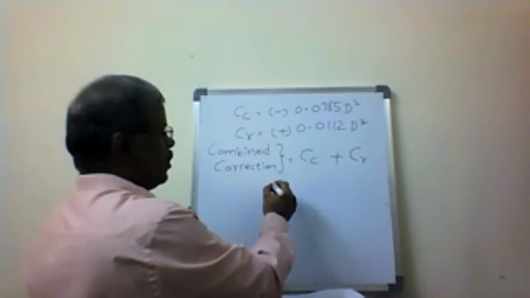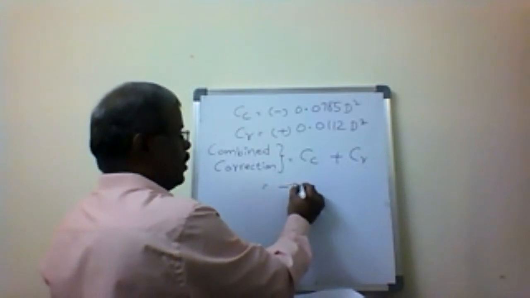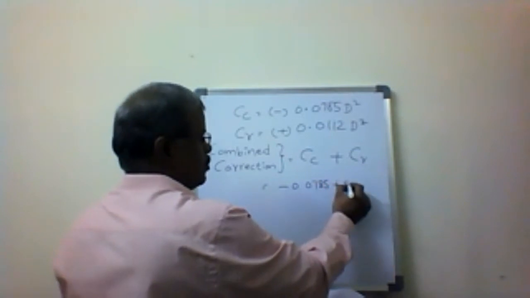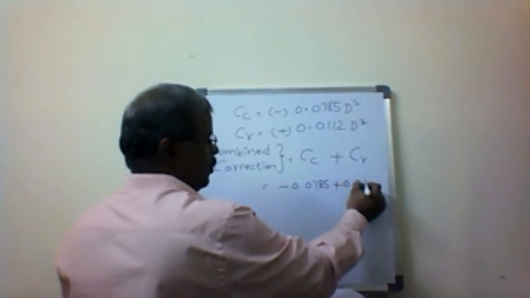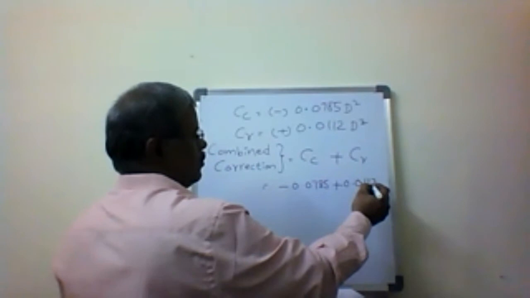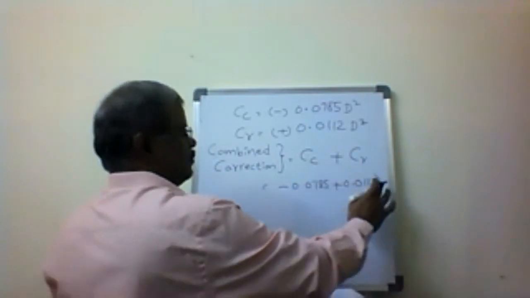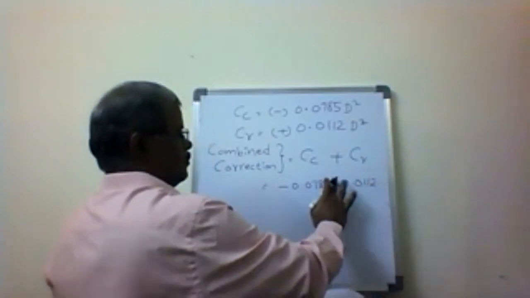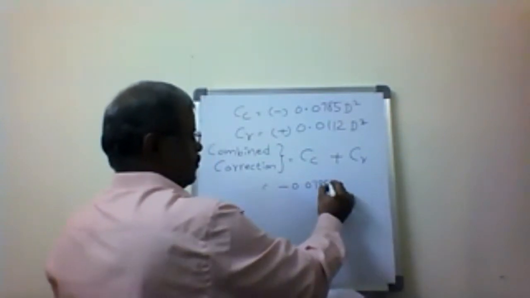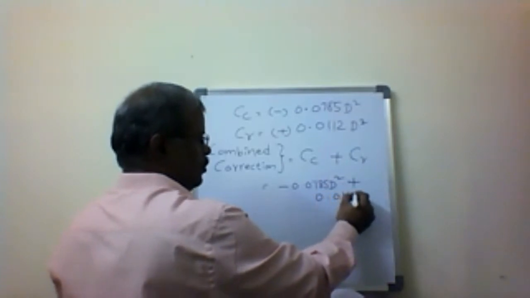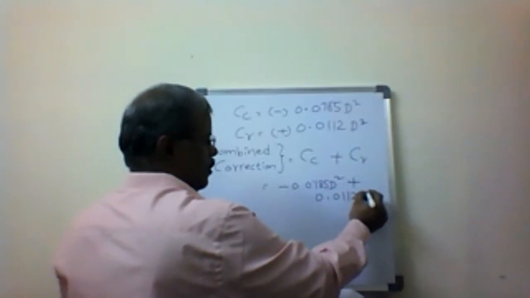So the coefficient of curvature is minus 0.0785 plus 0.0112 d square plus 0.0112 d square.